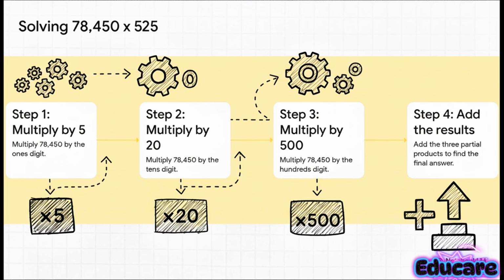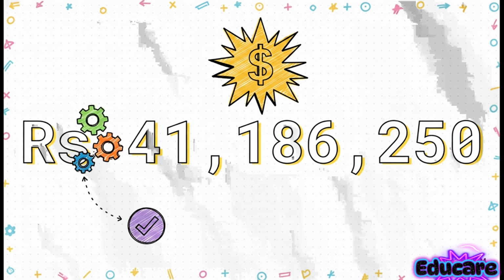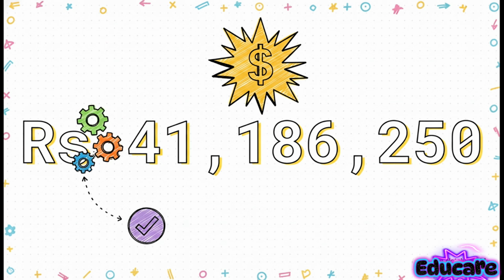And to get our final answer, well, you just add up those 3 partial products. And look at that, there's our answer. A whopping 41,186,250 rupees. That is a lot of money. But we did it. We took that intimidating problem, broke it into 3 much smaller chunks, and solved it. That's the power of the process.